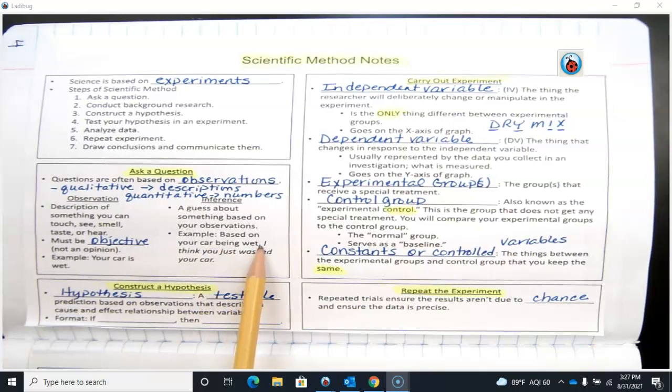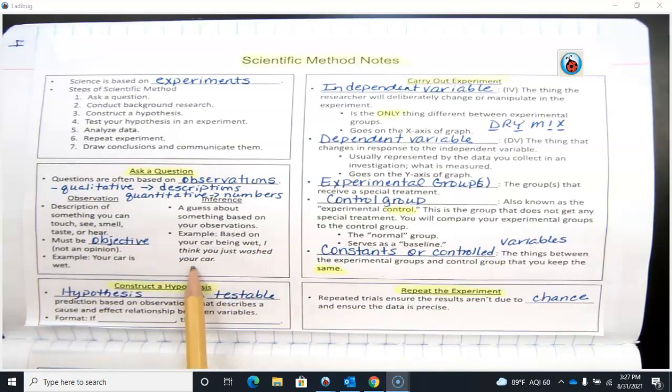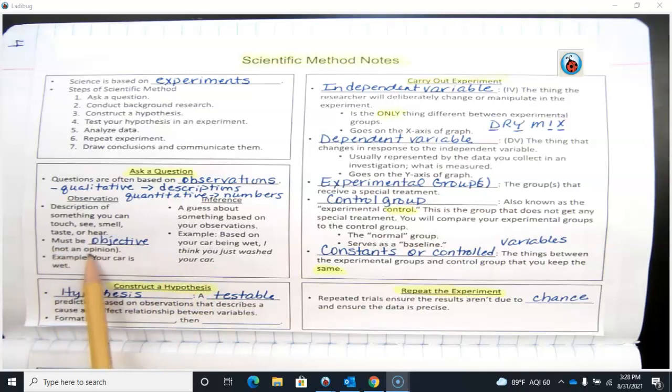The inference that I'm making is I think you just washed your car. Now that's a logical inference, but washing your car, I don't know. I did not observe you washing your car. It might be that your car is wet because it rained. So again, if I ask for an observation, make sure you give me an observation and not an inference.